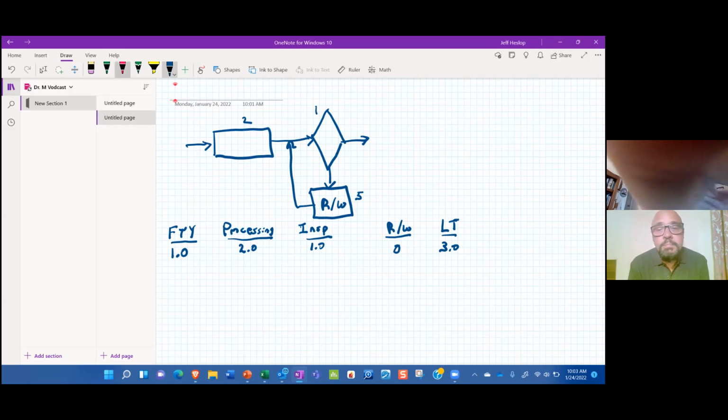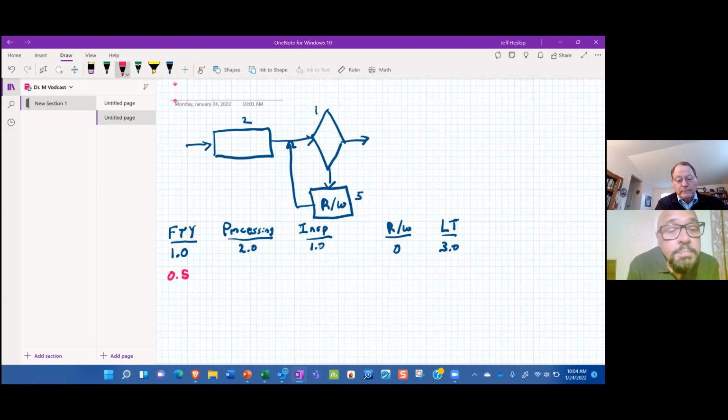Now let's look at, maybe this is us. And again, just to make the numbers easy, let's say our yield is 50%. Well, it still takes us 2 hours to produce a unit. That didn't change. But look what's going to happen when we inspect. You're going to have to inspect every unit once.